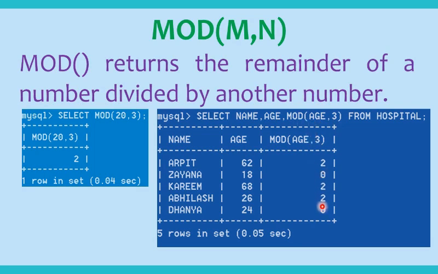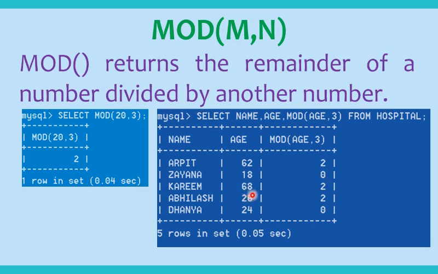Let's see. The first patient, Arpit, his age is 62. Now 62 is divided by 3. The remainder will come as 2. Next patient's age is 18. It is divided by 3. Remainder comes 0.